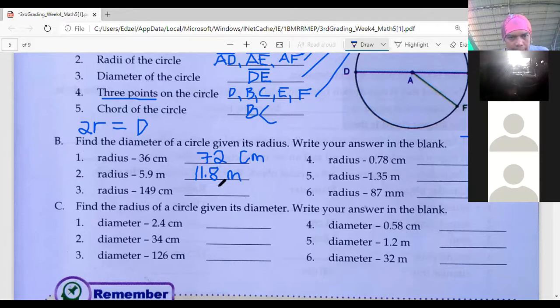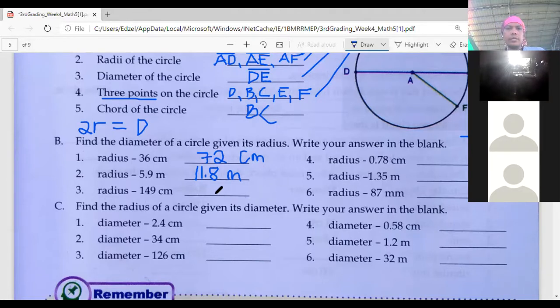Ito, pag ang radius 149, pila ang cm? Pila ang diameter? 298.